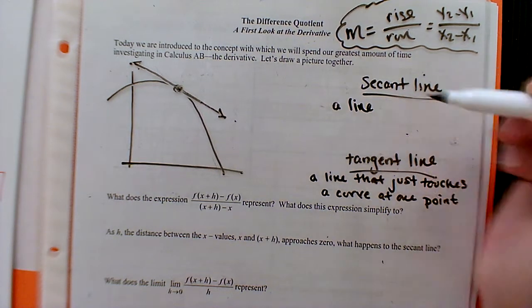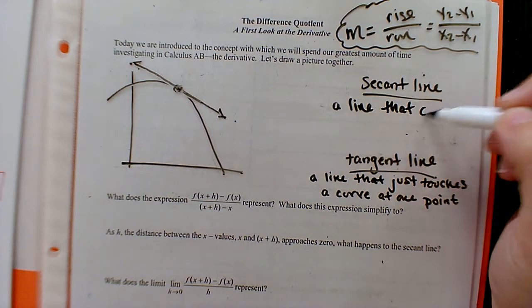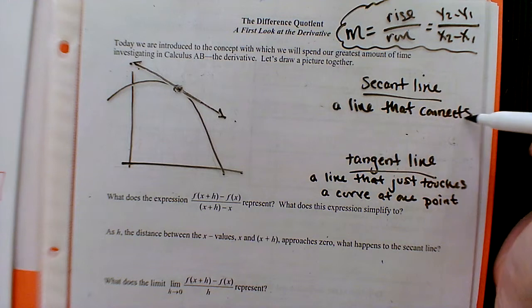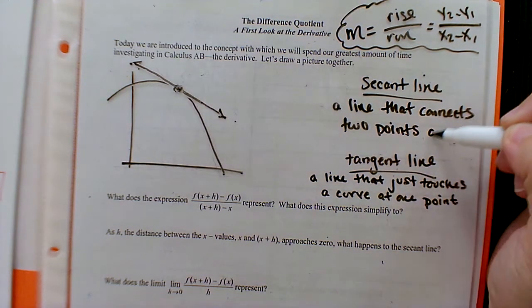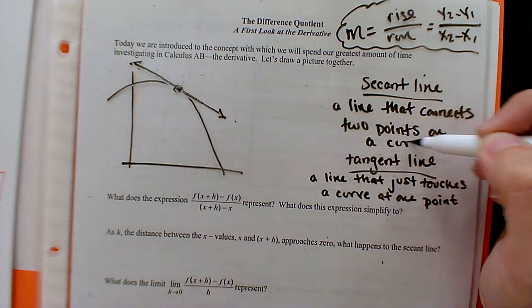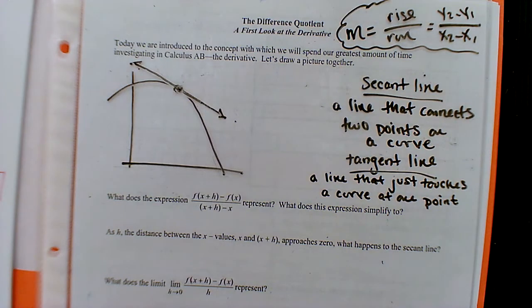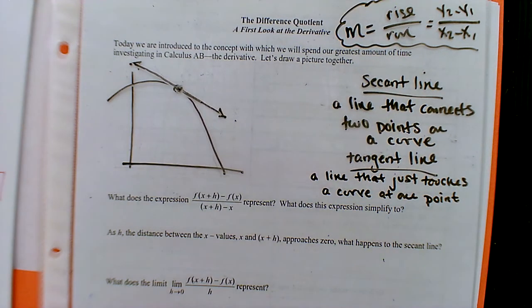A secant line is a line that connects 2 points on a curve. So in our little picture, keep in mind our goal is to figure out the slope of that black line.